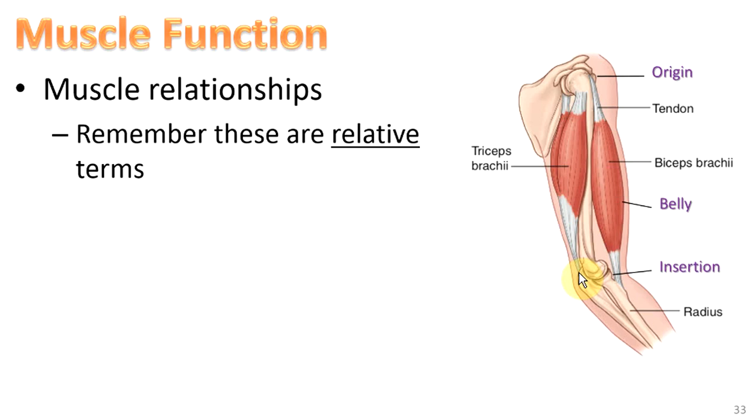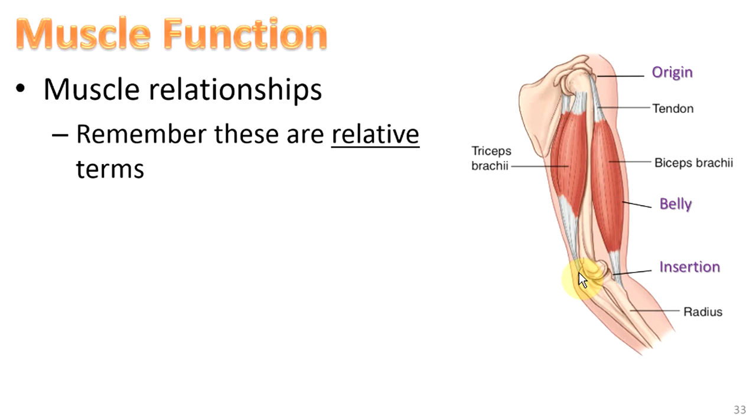Now here's something that's very important to understand. These terms that I've been using are relative, meaning they're related to whatever motion we're talking about. The prime mover for elbow flexion is the biceps. But what if I asked you what the prime mover for elbow extension was? Straightening the elbow. Well, now we change from the biceps being the prime mover and the triceps being the antagonist to the triceps now being the prime mover and the biceps now being the antagonist, because it's relative to whatever motion we're talking about.